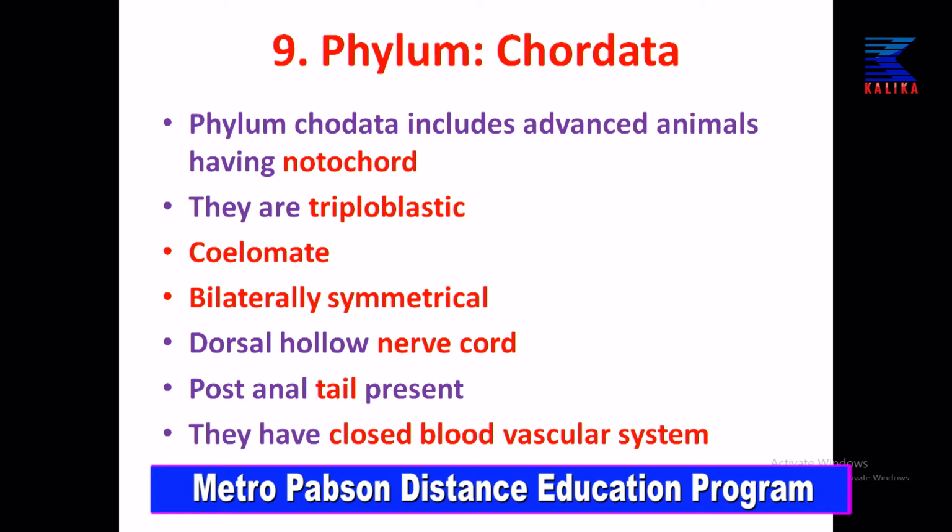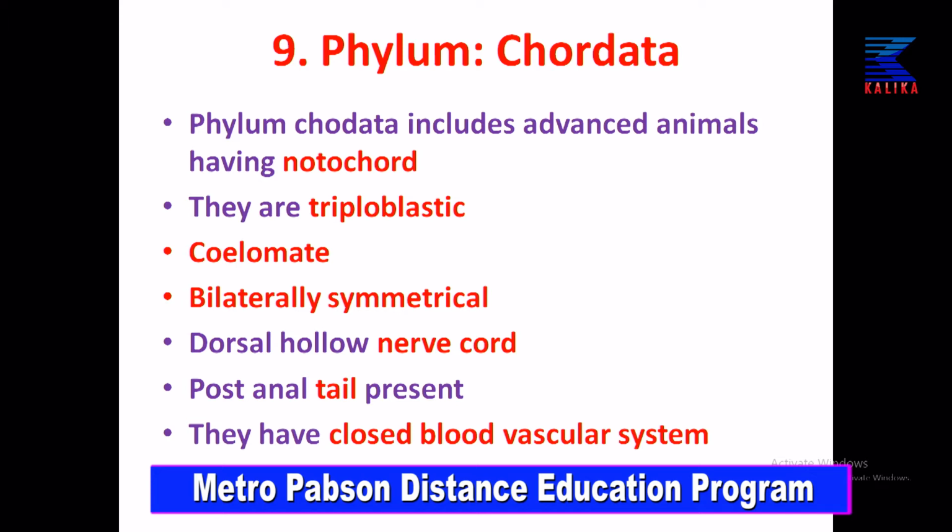It means the body can be divided into 2 halves through a single vertical plane. They have a dorsal hollow nerve cord, which has a central pipe-like hollow structure. They have a post-anal tail, meaning the tail is present after the anus.